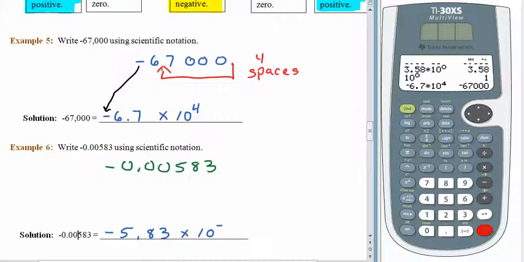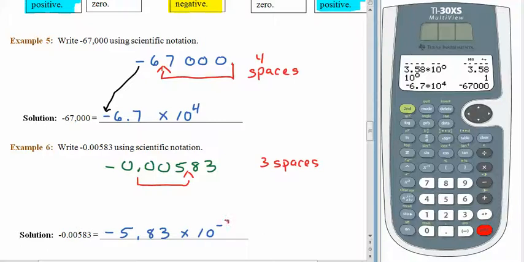At any rate, the first thing we did was to figure out where the decimal point is going to go. And we position it between the 5 and the 8 because 5.83 is between 1 and 10. And then we check and see how many spaces that we have. And we move that decimal point 3 spaces.